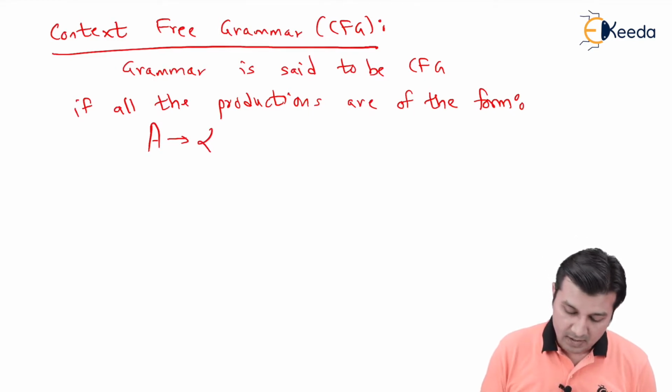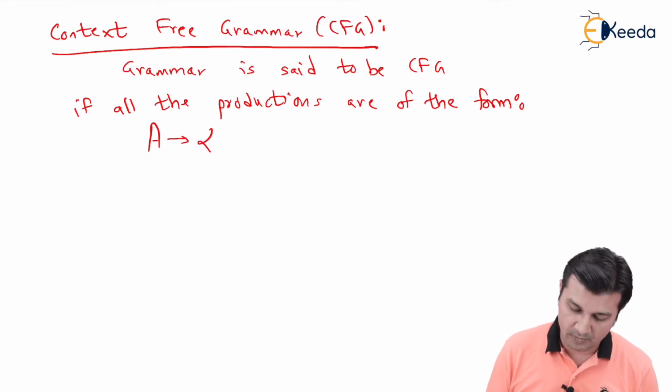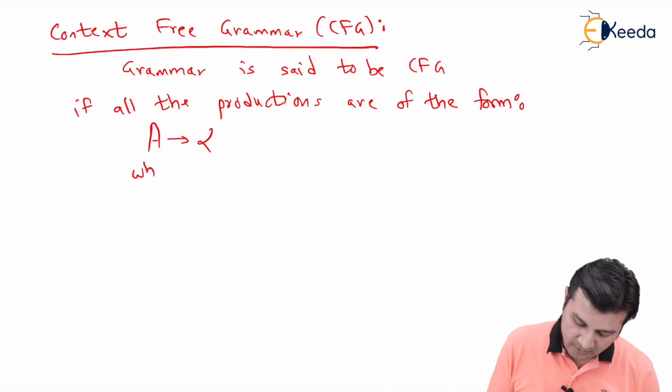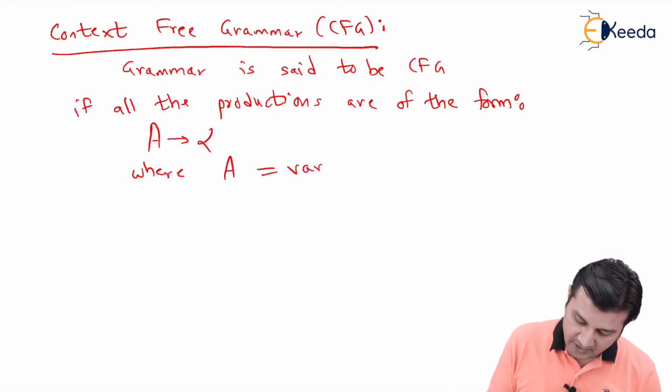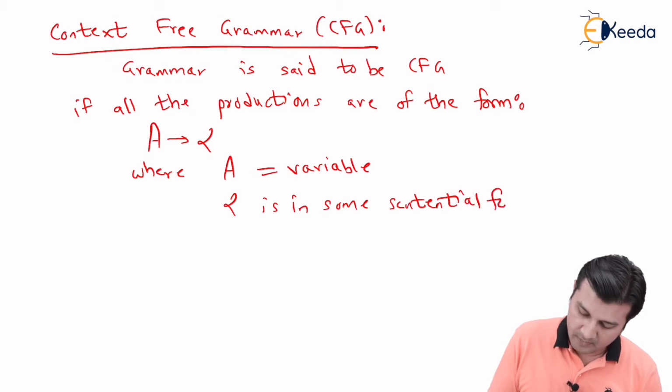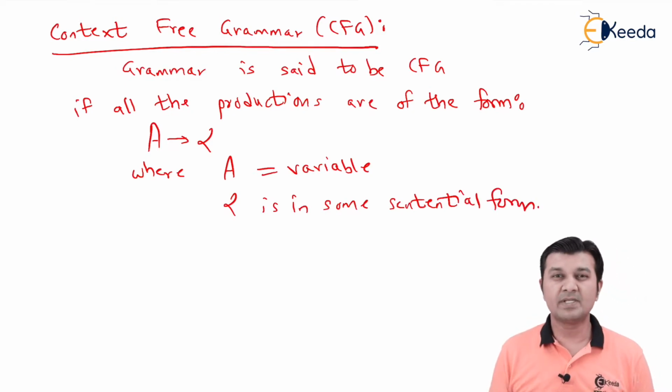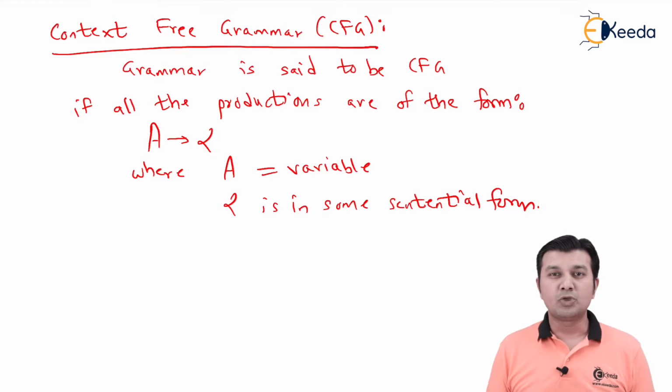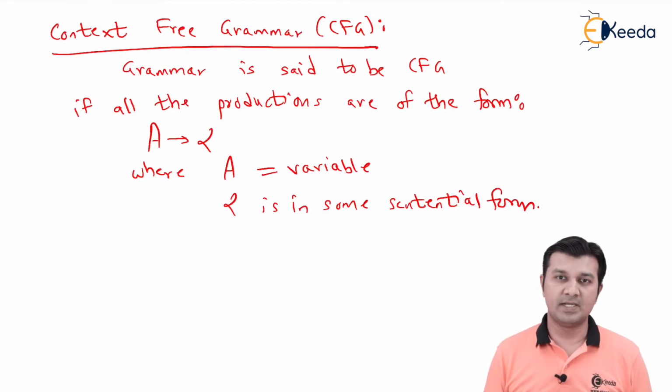Therefore a grammar is said to be CFG if all the productions are of the form A gives alpha, where A is a variable and alpha is in some sentential form. Now what I mean by sentential form: it should be able to derive some sentence.